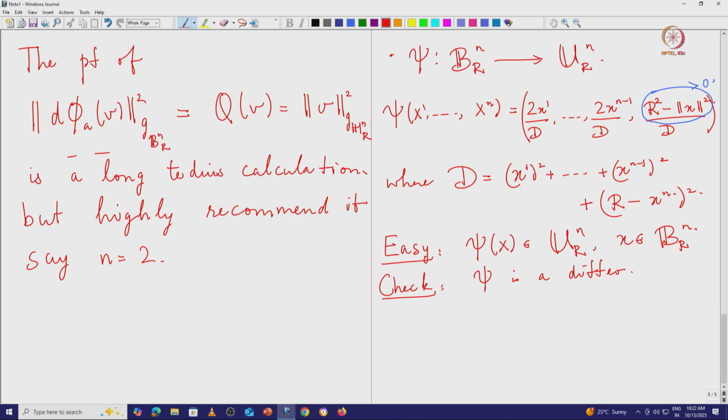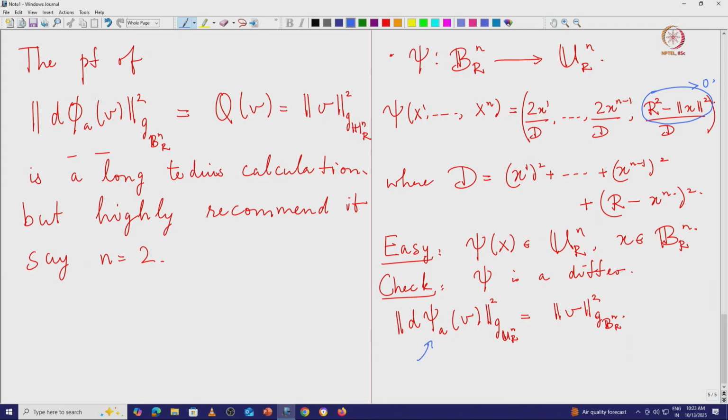In fact one can explicitly write down the inverse, and again if you take the derivative map and calculate the norm squared of any tangent vector after you apply the derivative map, so this is the norm squared in the upper half space, that is going to be the same as the norm squared in the ball. Okay, so this is the isometry condition.